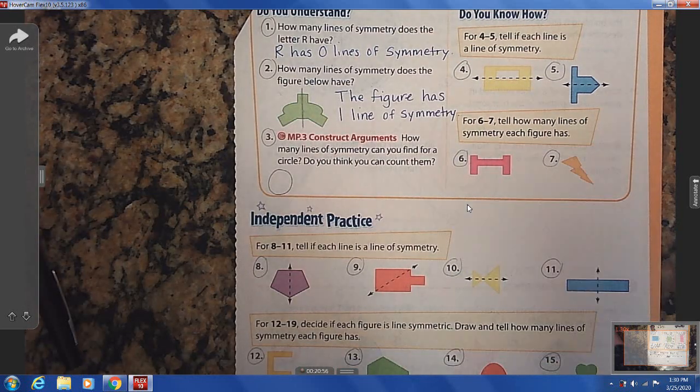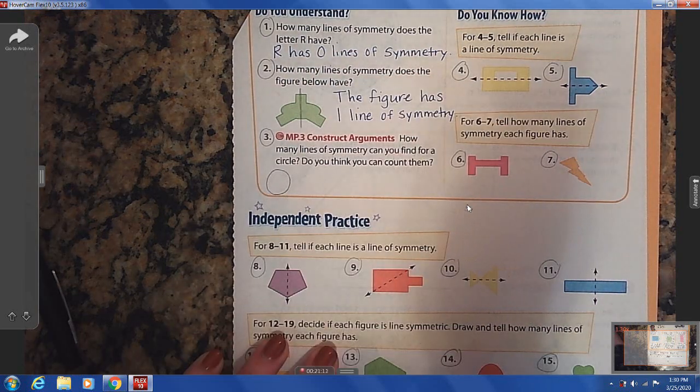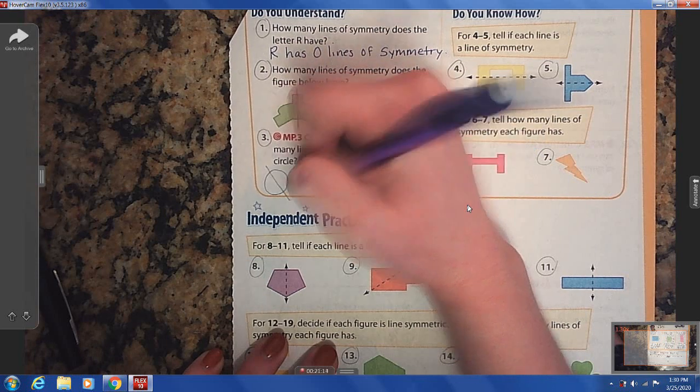So you could fold that circle endlessly in different ways in order to create multiple lines of symmetry, because you could have so many different points on a circle. And once again, my circle isn't perfect, but you could do it there.